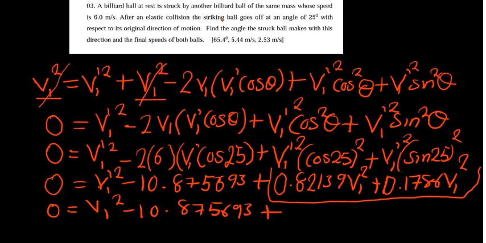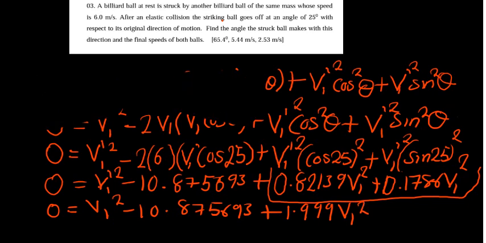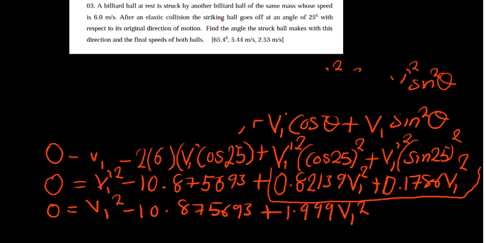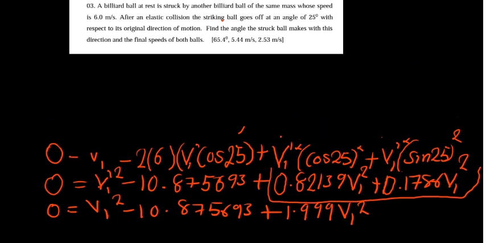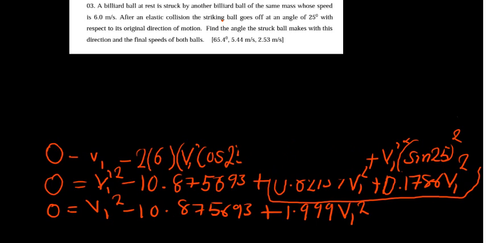We're getting 1.999 up to infinity, so 1.99 v1 squared. All right, let's clear space on top here so that we solve for v1 final. Our work is becoming easier.